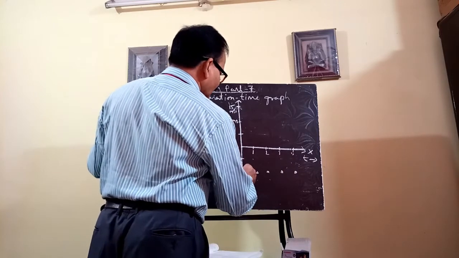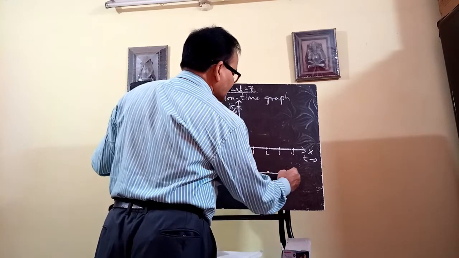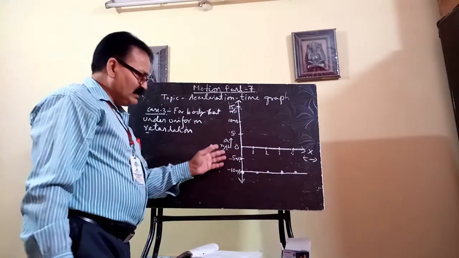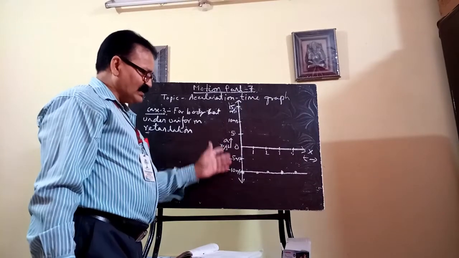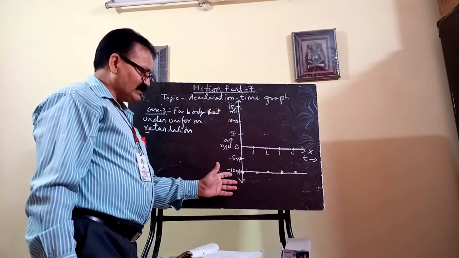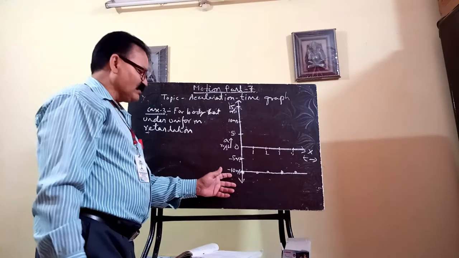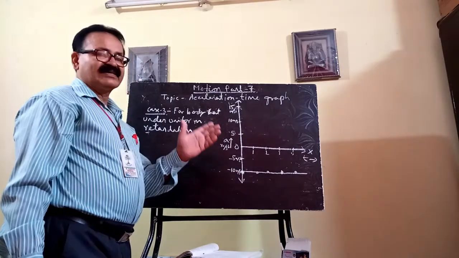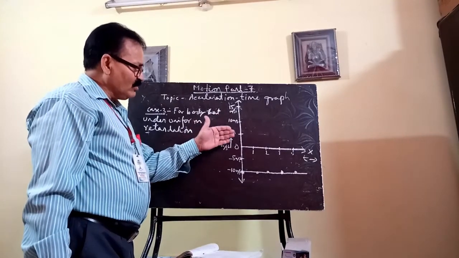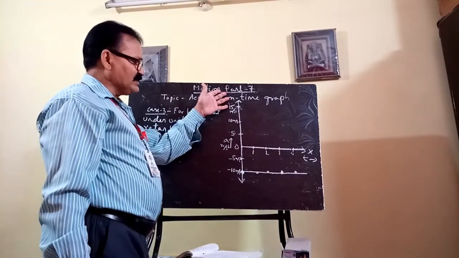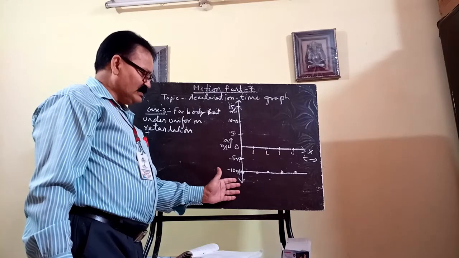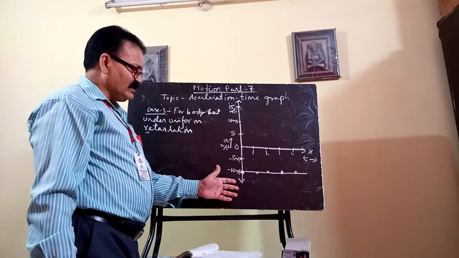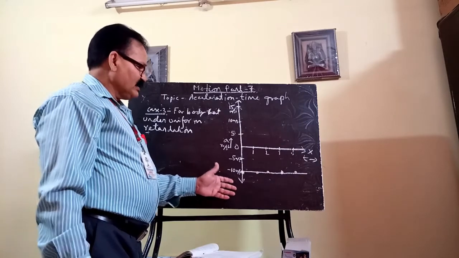That means if you join these points, the acceleration time graph has a negative slope, and it is on the negative side of the acceleration time graph, because here the velocity is decreasing, so acceleration becomes negative. So it will not be in the upside of your acceleration time graph, but it will remain downward, on the negative side.